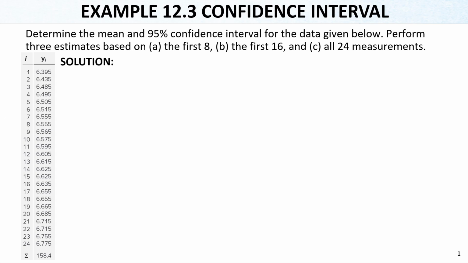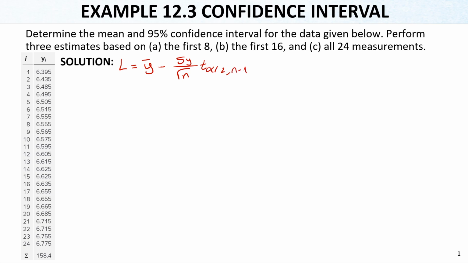Basically, for the confidence interval, we have the formulations, maybe we can write them. Let me write them in red. L is equivalent to the sample mean minus the sample standard deviation divided by the square root of the number of samples, times the t distribution, because we have limited data, with alpha divided by 2 and n minus 1.